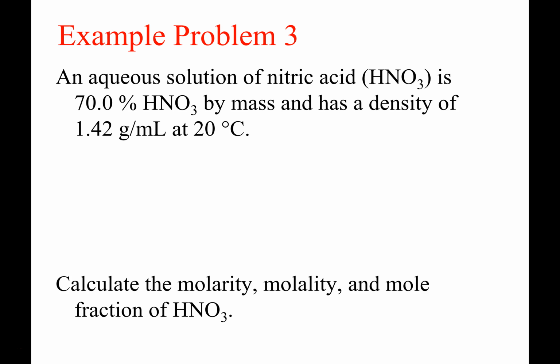So nitric acid, I'm going to go ahead and unpack as I go, if that's okay. The 70% HNO3 by mass means that there are 70.0 grams of HNO3 in 100 grams of the solution. So this solution is HNO3 and water.